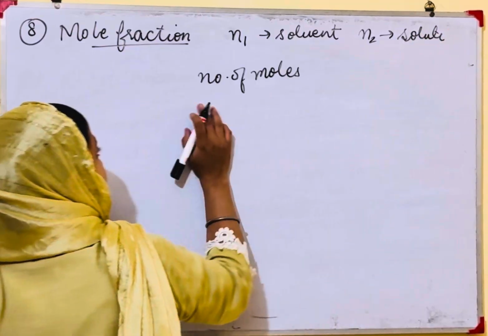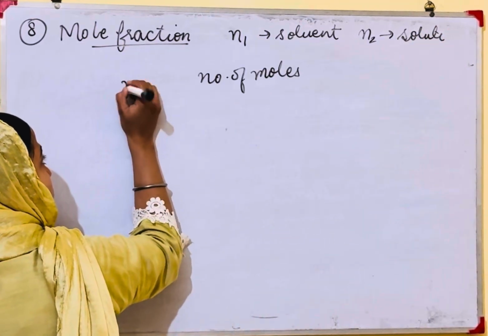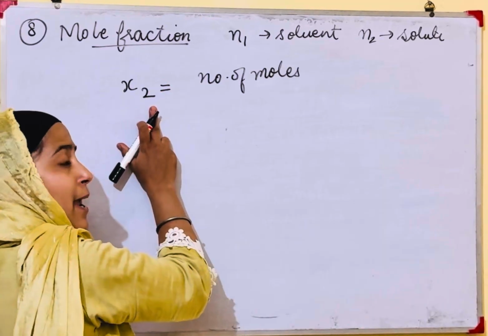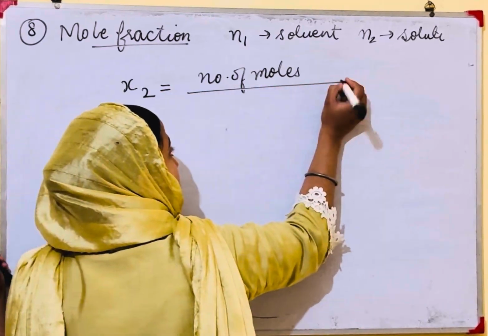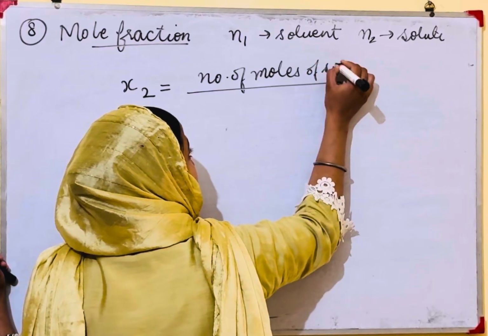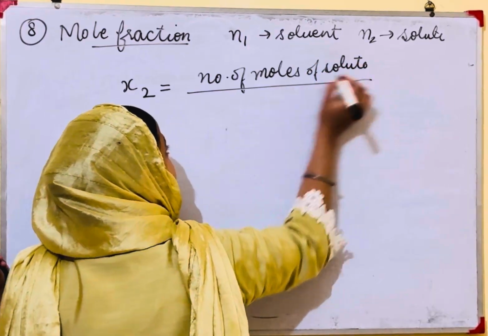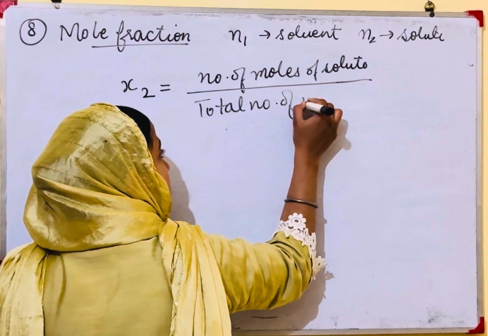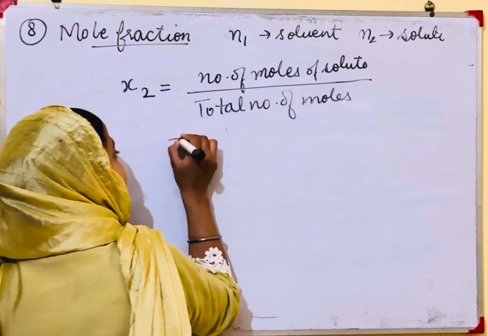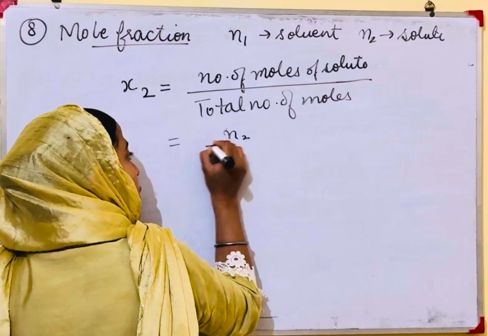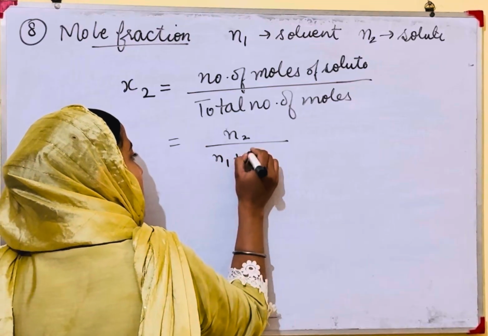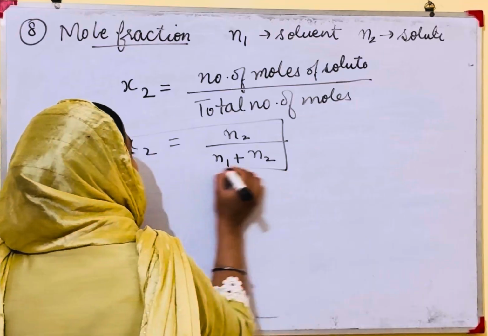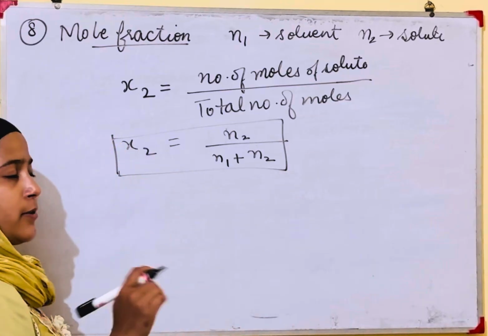If we want to calculate mole fraction of a solute, it is represented by X2. Here number of moles of solute divided by total number of moles. So we can also write it as N2 divided by N1 plus N2. So this is the way to calculate mole fraction of that component.